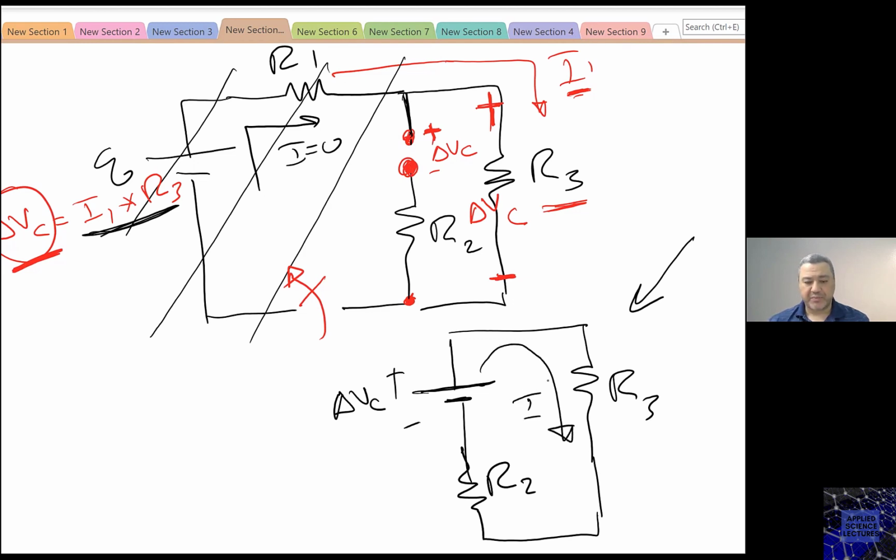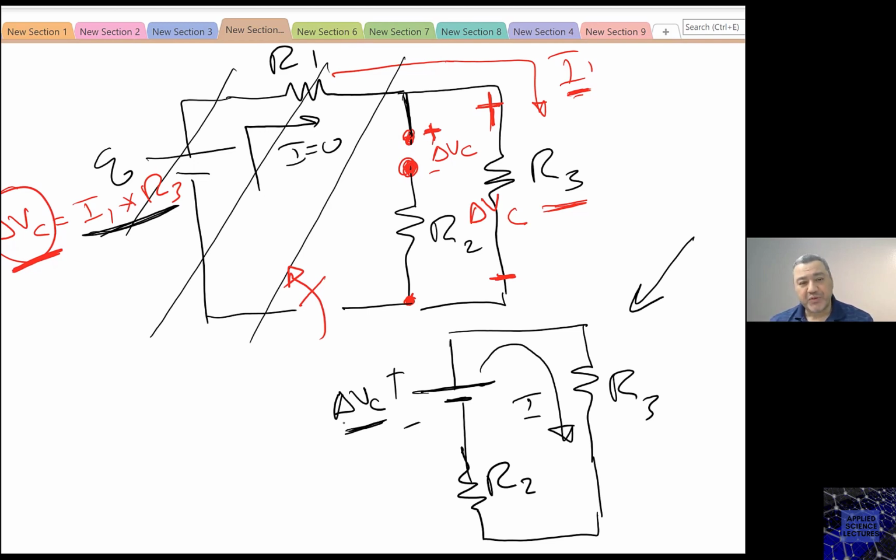So this is going to be the circuit diagram after I replace the capacitor with a battery. I replaced it with a battery because it was already charged, and then when I open the switch, it will act as a battery with a value of delta VC only at this moment.